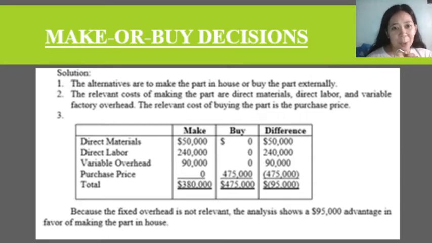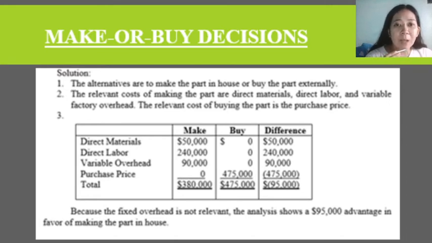For the third, here we compared the relevant cost and the difference, and we can see which alternative will be beneficial, meaning it will have a lower cost.